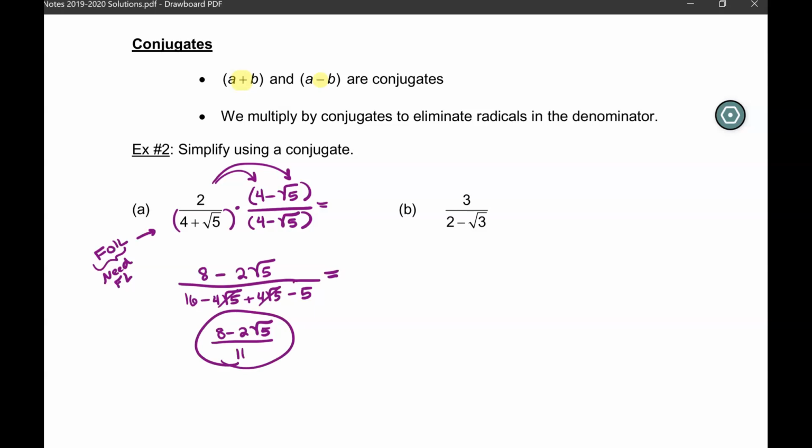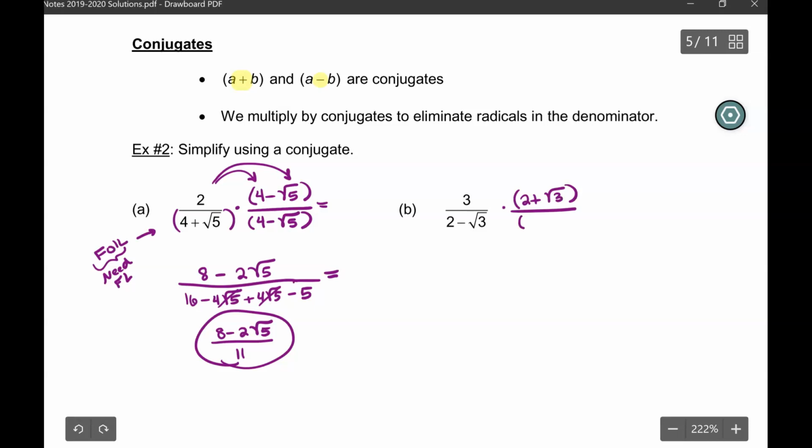Okay, last one, I see 2 minus root 3, so I'm going to multiply by 2 plus root 3. Same thing as the last. I'm going to distribute on the top, so 3 times 2 is 6. 3 times root 3 is just 3 root 3.